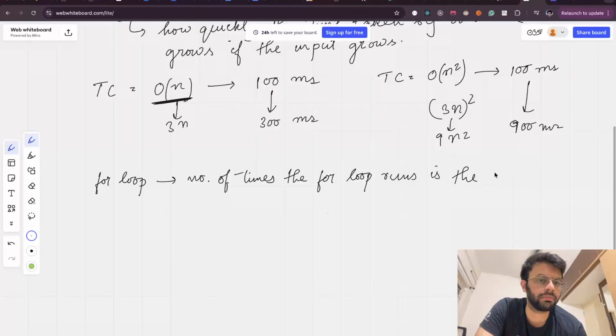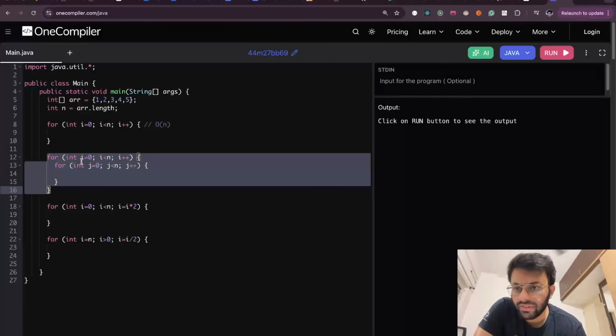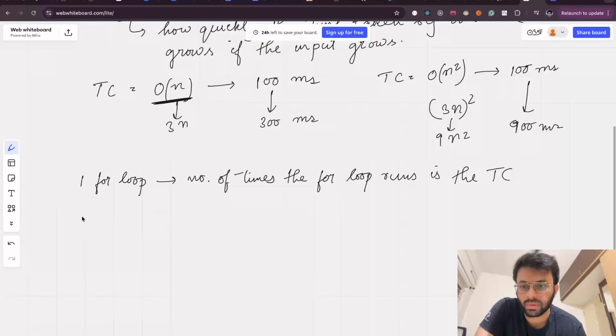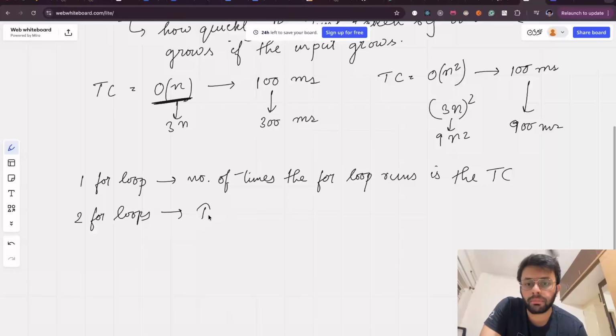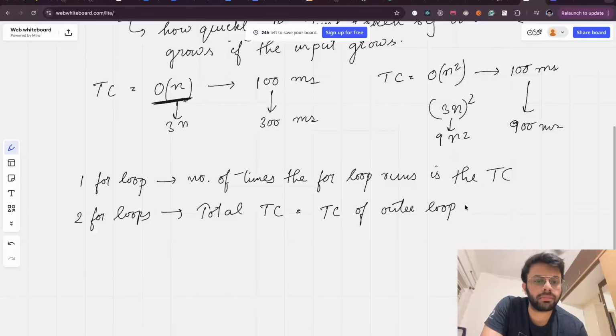If you have a nested for loop, suppose you have two for loops, an outer for loop and an inner for loop, then the total time complexity will be the time complexity of the outer loop times the time complexity of the inner loop.